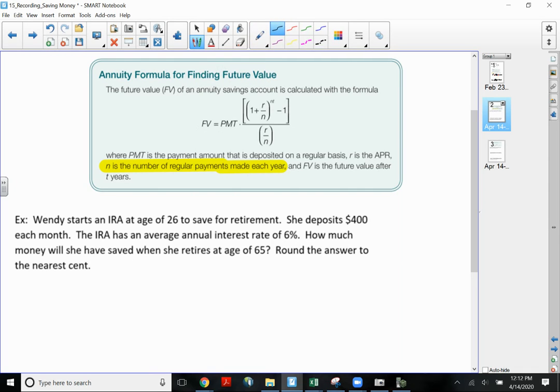So if she is going to retire at age 65, then the time of the investment has to be 65 minus 26. So that tells me that she will be saving for 39 years.